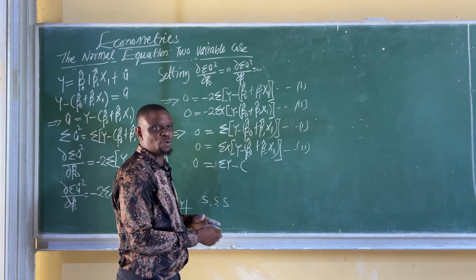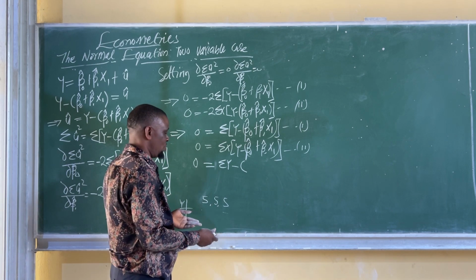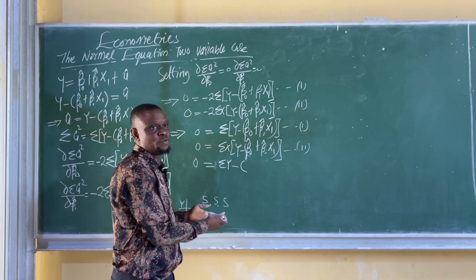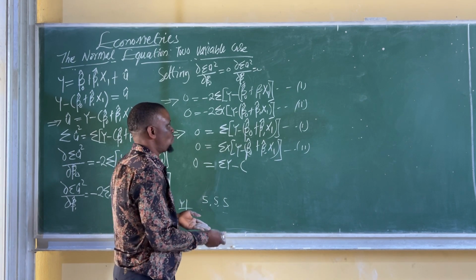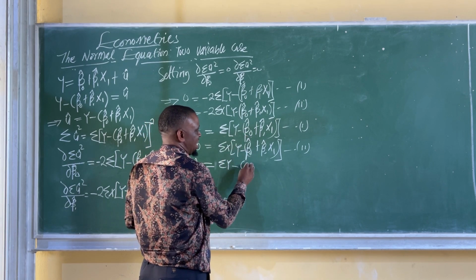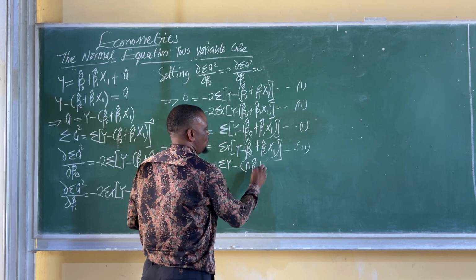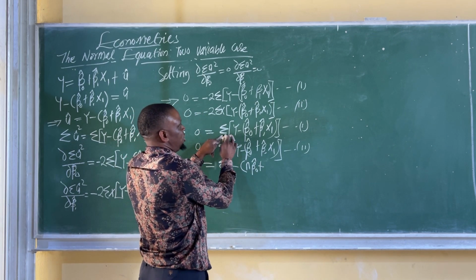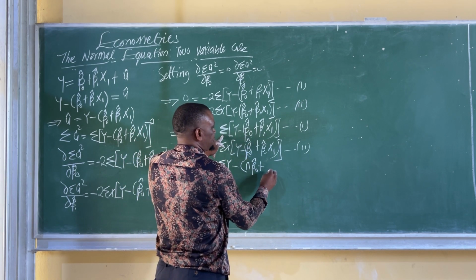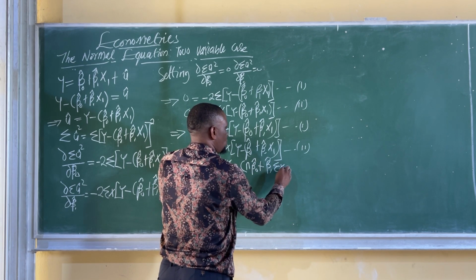But when you write summation of 5, it's better you say how many times this 5 occurs. That's why, since it's a constant, we have n beta 0 hat plus beta 1 hat summation x1.